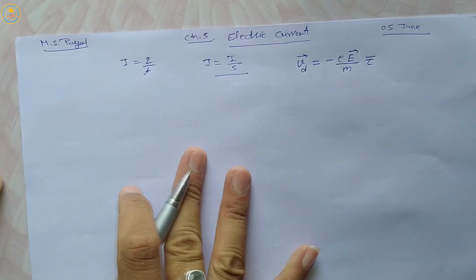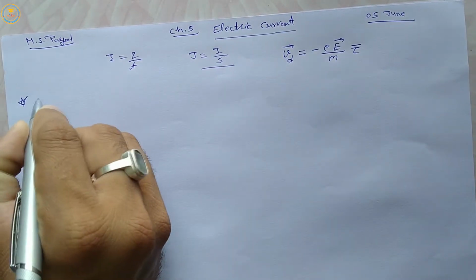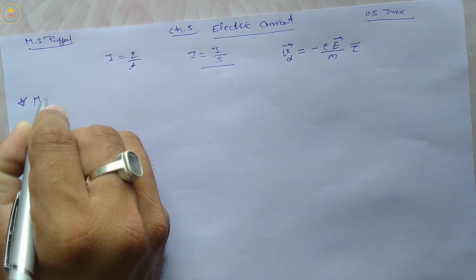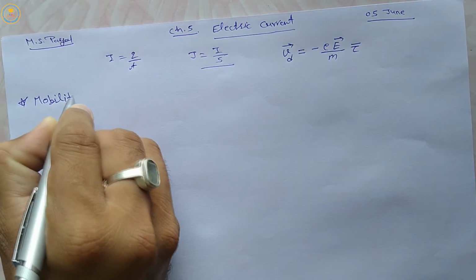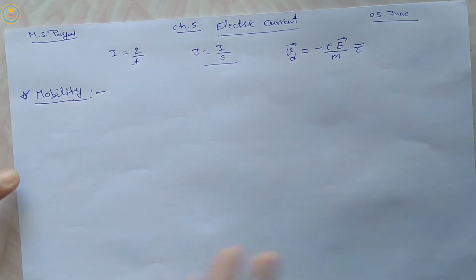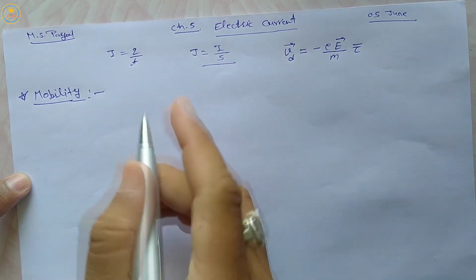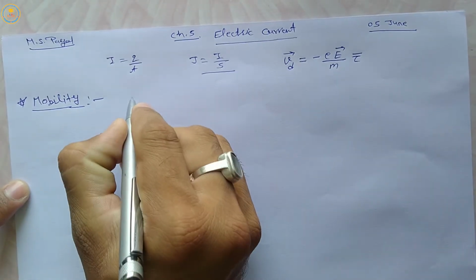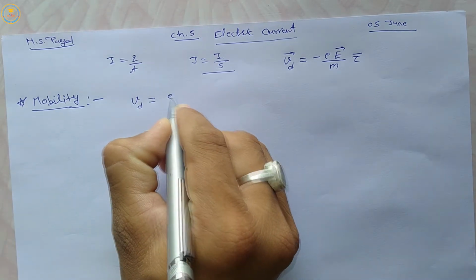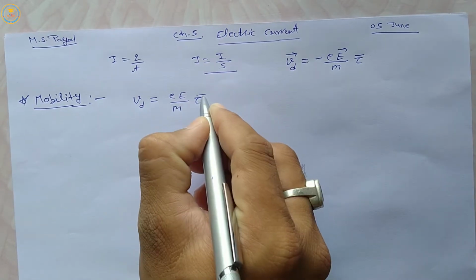Okay. Now our next topic, mobility. What is mobility? For mobility, we use the equation of drift velocity. So in magnitude, we know that drift velocity Vd is equal to e E upon m tau bar.